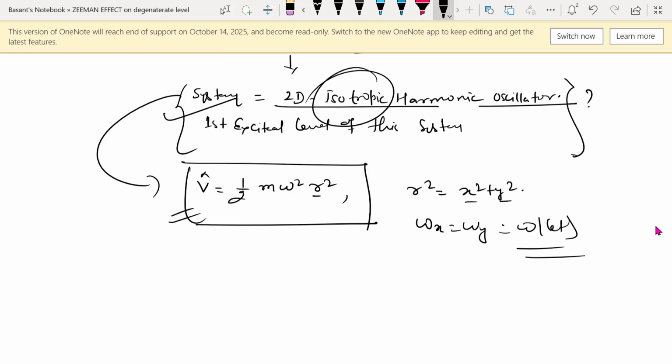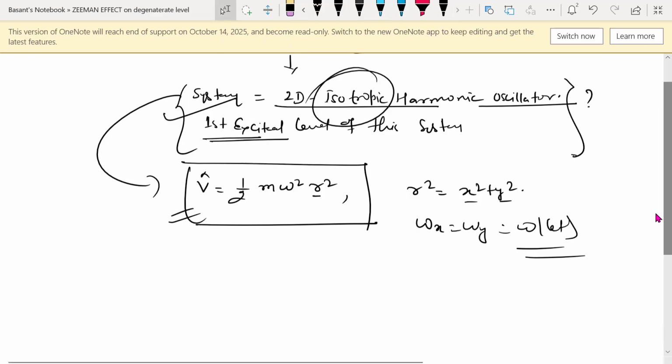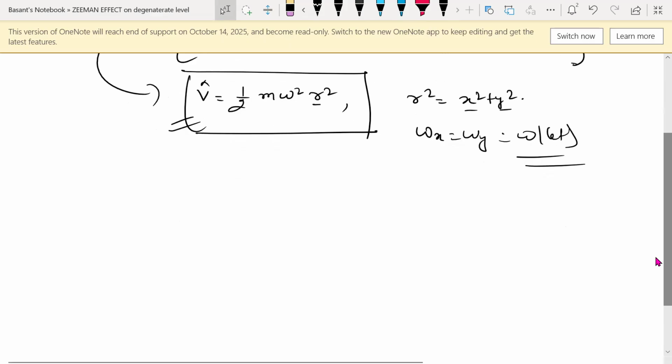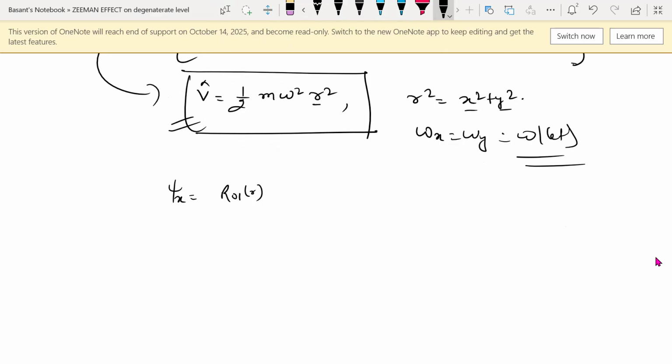Now, what is the first excited level? The first excited level of this system has the given states psi x is equal to R01(r) cos phi and psi y is equal to R01(r) sin phi.